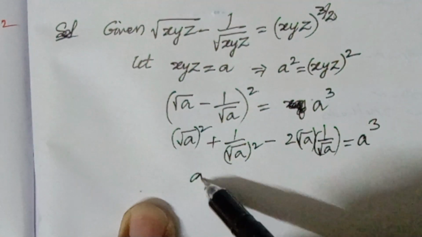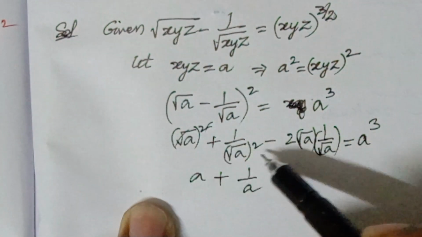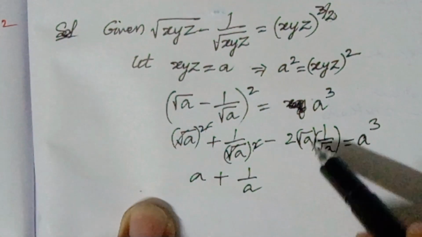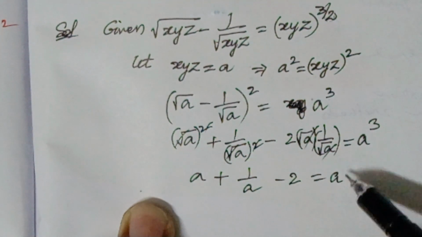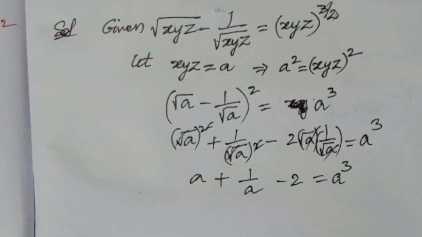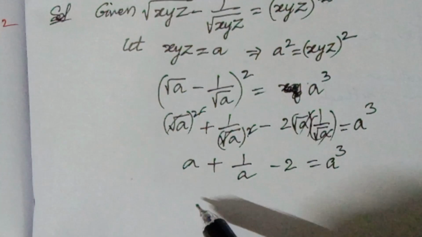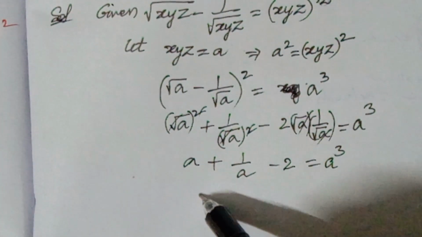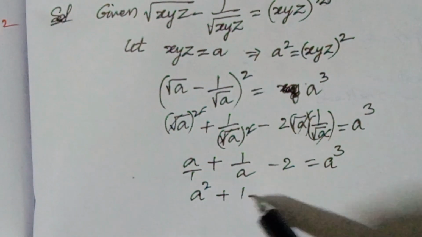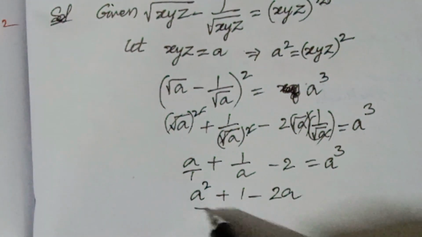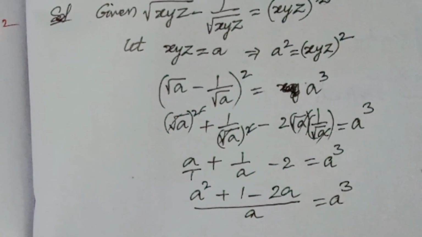Now here you'll get a plus 1 by a, and the square root gets cancelled here also. Here root a gets cancelled. Minus 2 is equal to a cube. Now if you take LCM here, a square plus 1 minus 2a by a is equal to a cube.